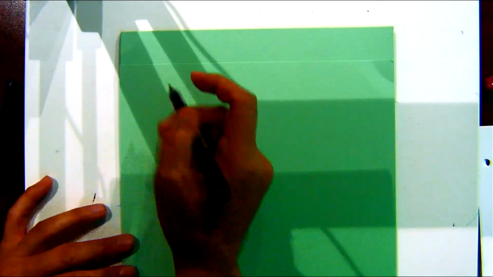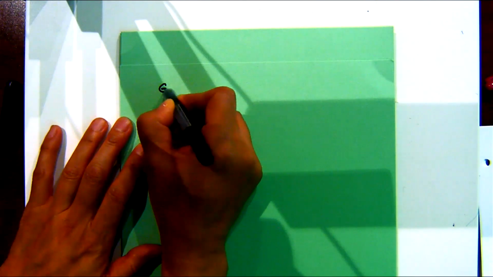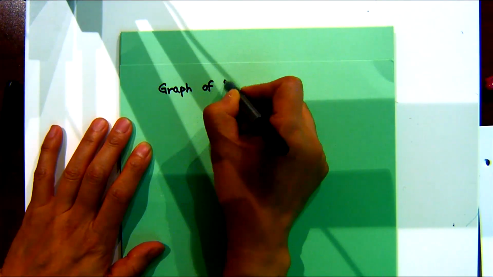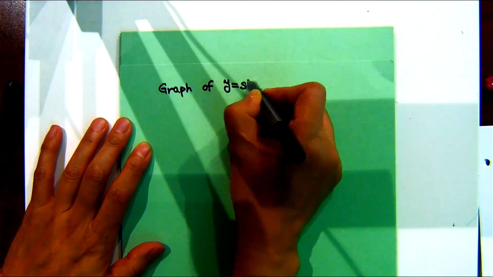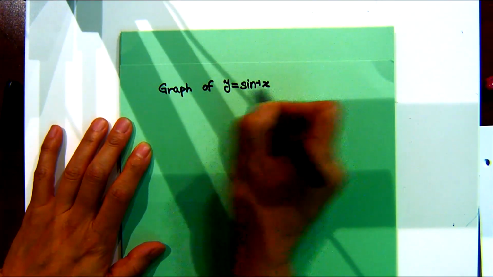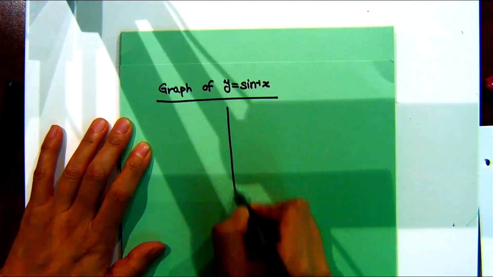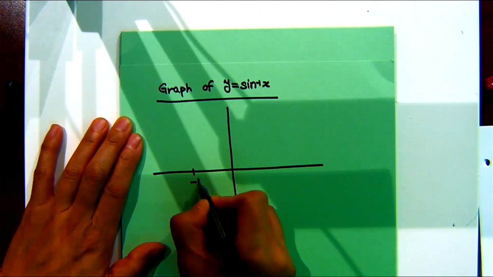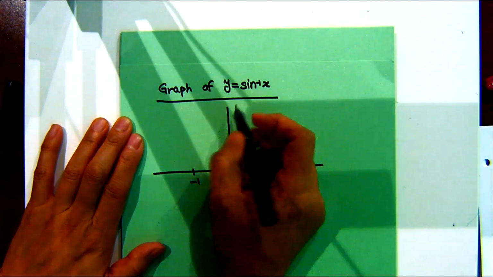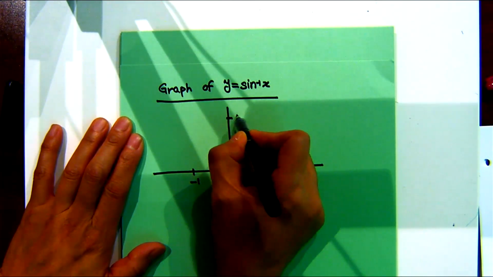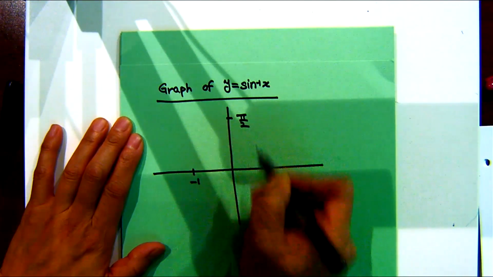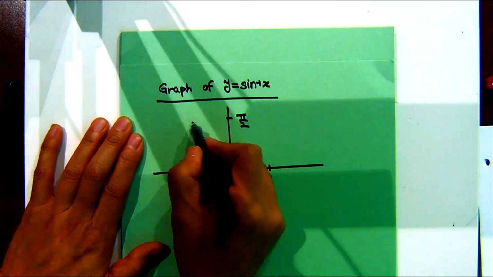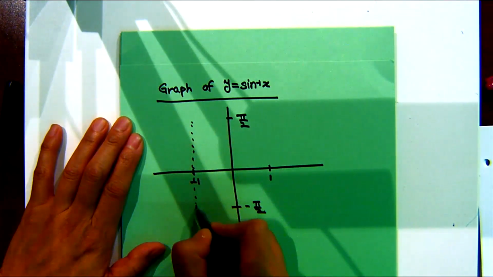Let me graph the inverse sine function. Graph of y equals sine inverse of x. We know that the domain is -1 to 1 and the range is -π/2 to π/2. The graph will be confined in this rectangular box.